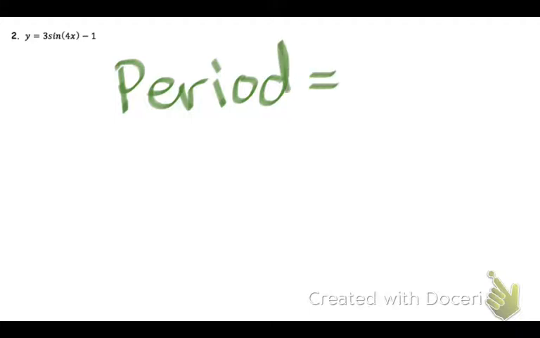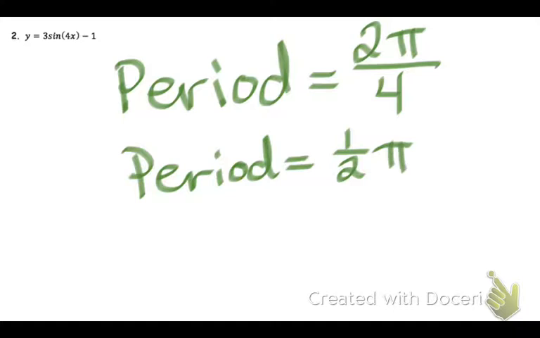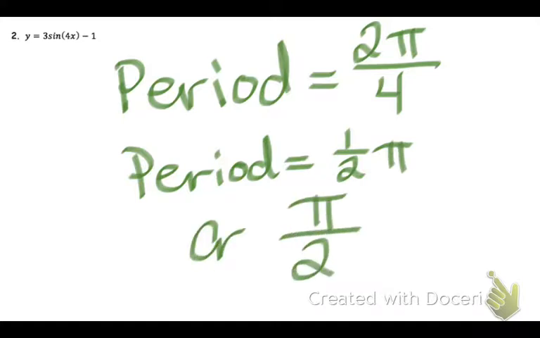I would like to point out one more time that the period is found when you take 2 pi and divide it by the b value, which is 4. So in this case, your period is 2 pi over 4, or pi over 2.